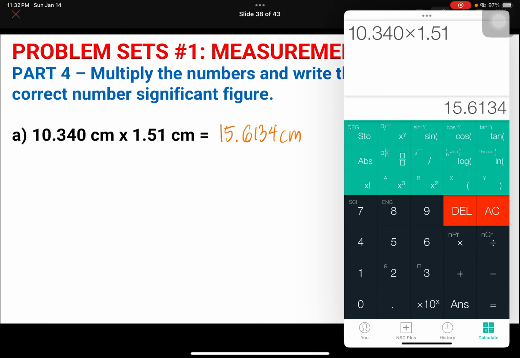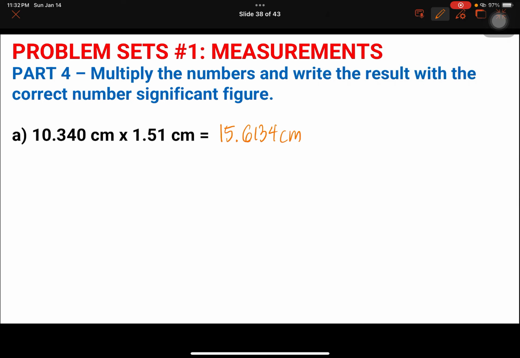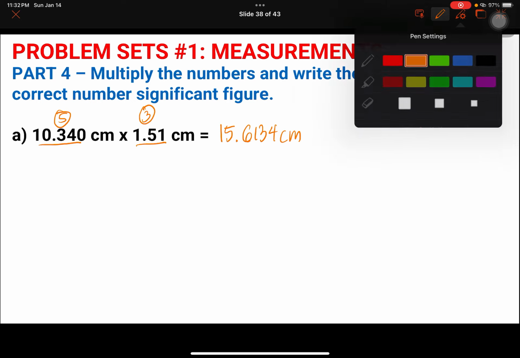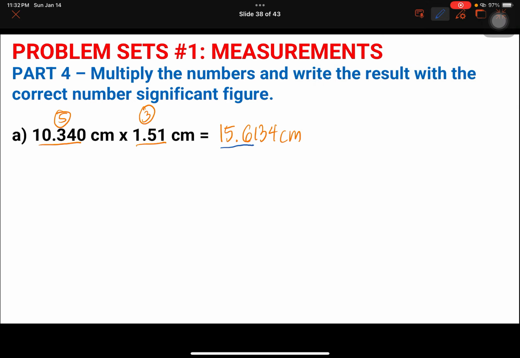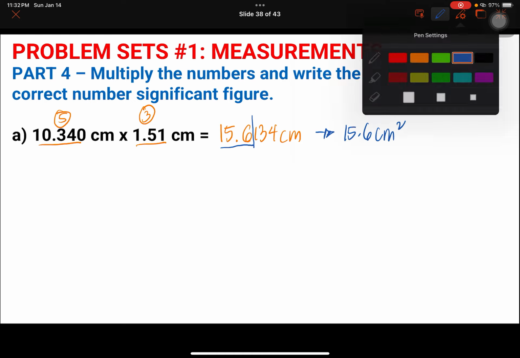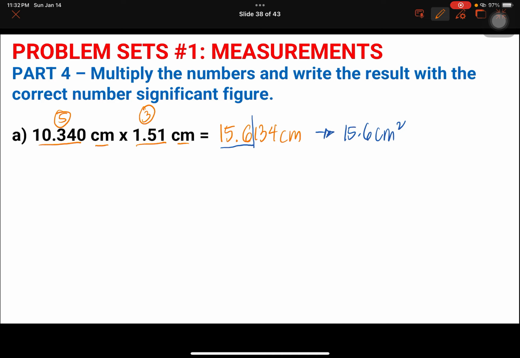However, as you can see, ilan ba ang significant figures natin na pinakamababa? Dito, may 5 tayo. Dito naman, 3. Therefore, kailangan natin 3 lang ang sig figs. So, hanggang dito lang dapat ang sagot. Therefore, we can have a final answer na 15.6 cm squared. So, please take note na minumultiply din natin yan ha. So, 2 cm, therefore cm squared. Okay.